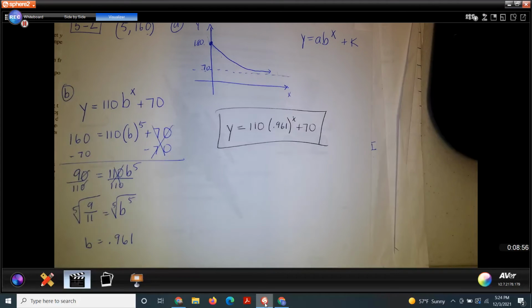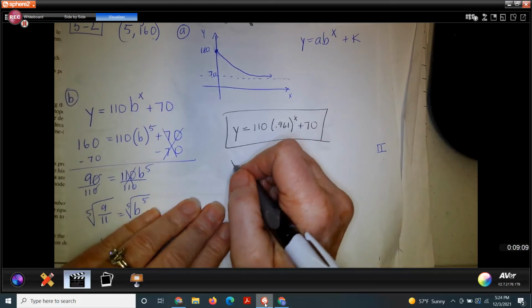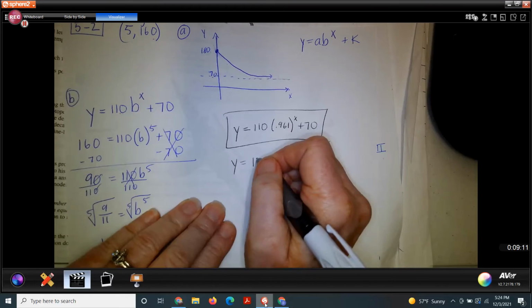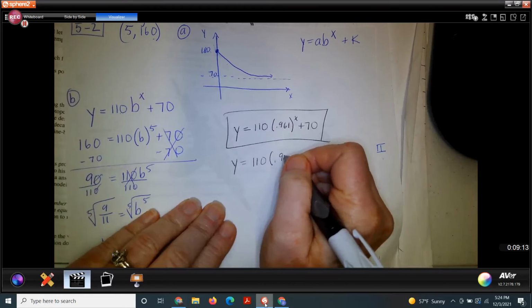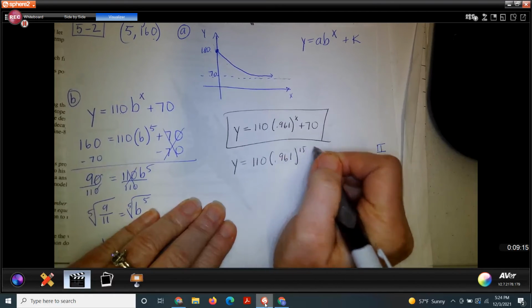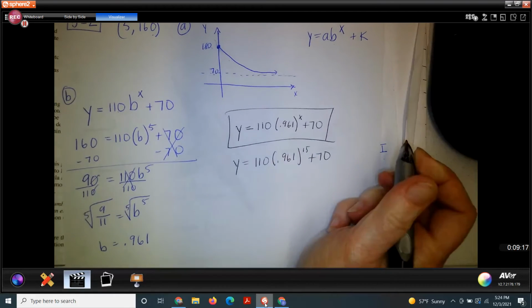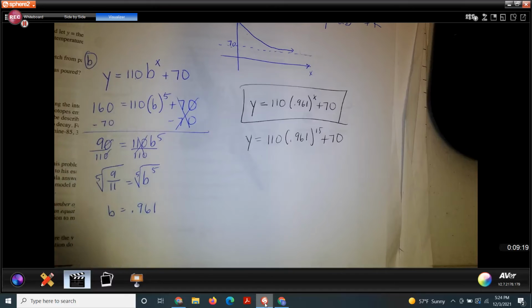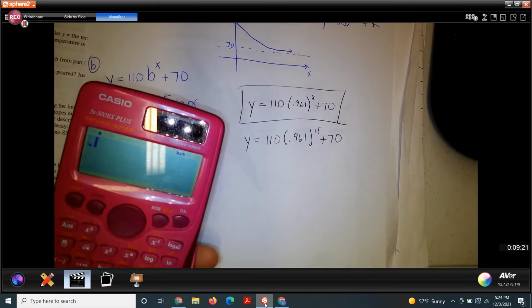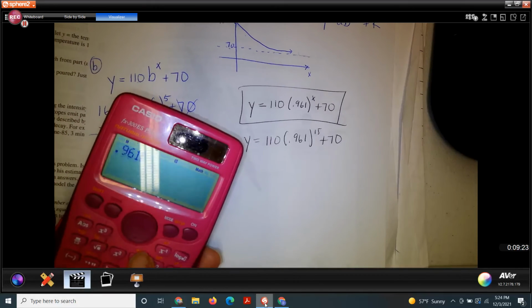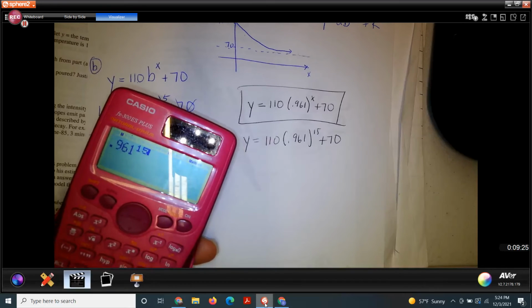Letter D says, what's the temperature of the coffee 15 minutes after it was poured? Justify your answer using the equation and the graph. So I think I just plug 15 in there, and that's how I can use the equation. And then I'll just ask my calculator. 0.961 raised to the 15.